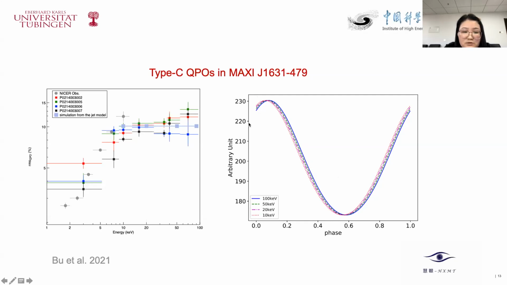I don't have the plot here, sorry. In the right panel, it shows the simulated light curves from different radii of the jet, and it will give you the phase lags between different energies. So it will reproduce the time lag energy relation that you observe in the source. It can give you either a soft lag or a hard lag, depending on the angle.